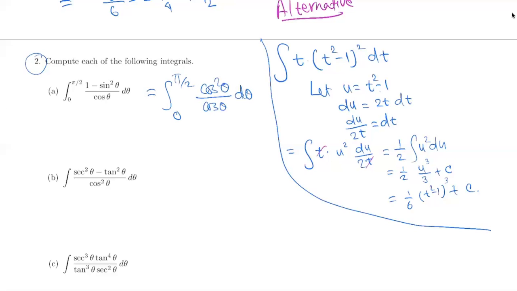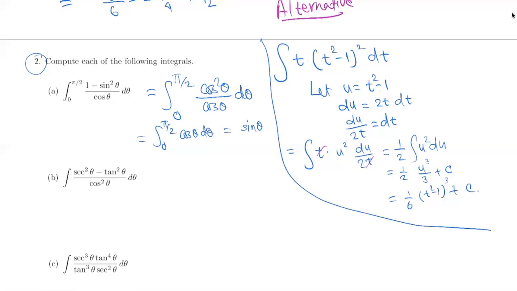Now we can find the antiderivative of cosine, which is sine. Do not get confused, it's not a negative sign. The derivative of sine is cosine. No plus c is required because we need to evaluate from 0 to pi over 2.